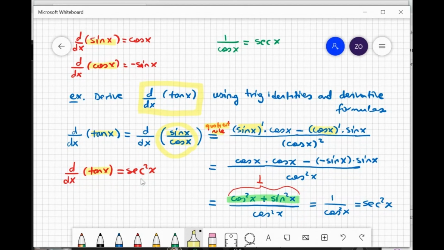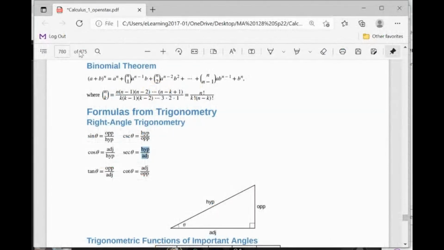And we just used some trig identities to simplify. And we found that the derivative of the tangent function is secant squared of x. Any questions? So let me show you the textbook.